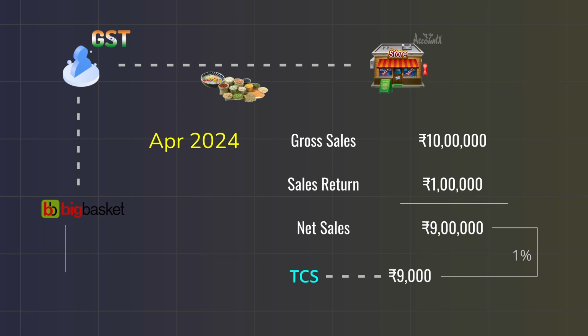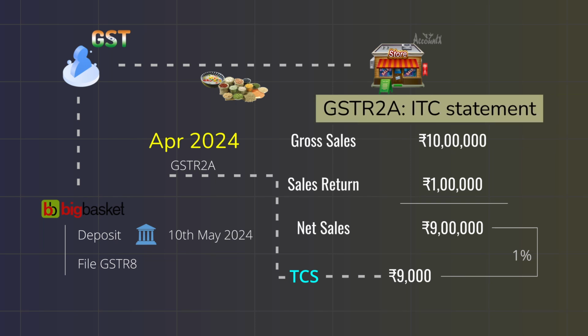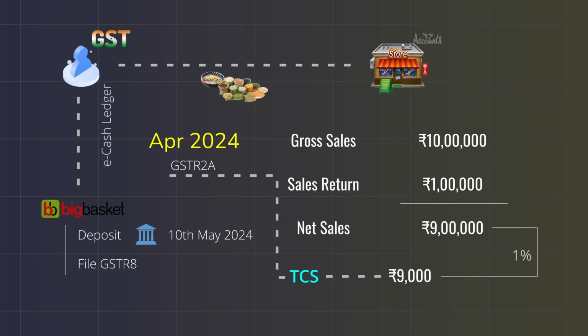BigBasket is required to deposit this 9K with the government by the 10th of the subsequent month, that is by 10th May 2024, and also file GST return in form GSTR 8. Once this is done, TCS credit would appear in your GSTR 2A. GSTR 2A is a statement of input tax credit, and eventually in your electronic cash ledger.